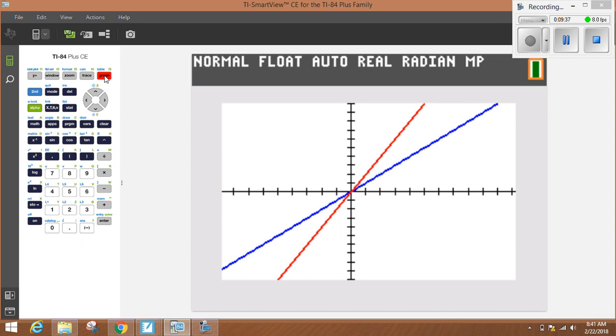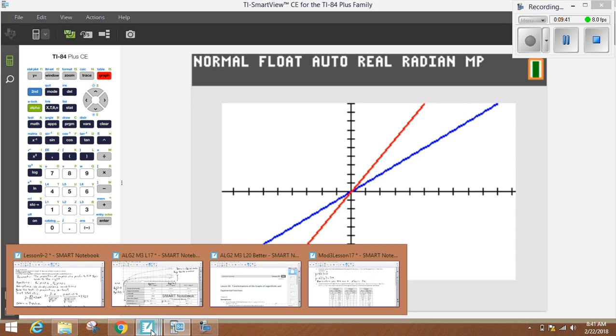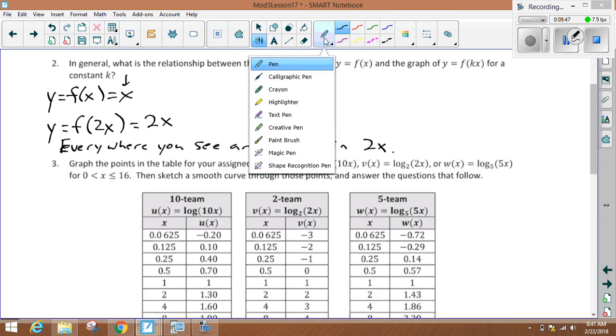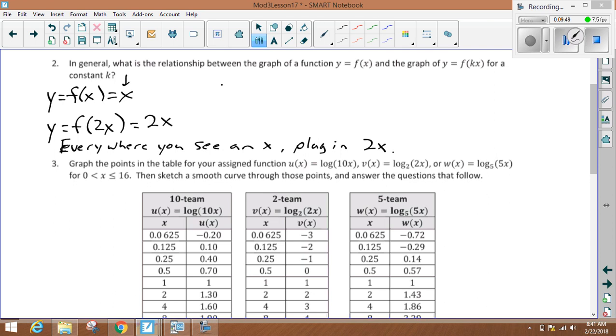And we can see that, for instance, if f of x is x squared, right?